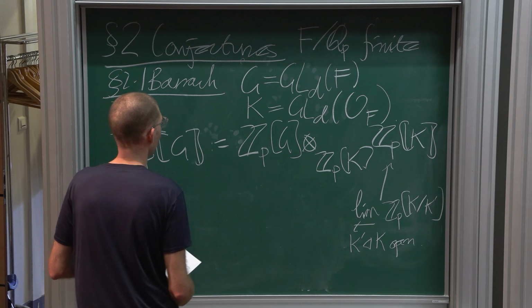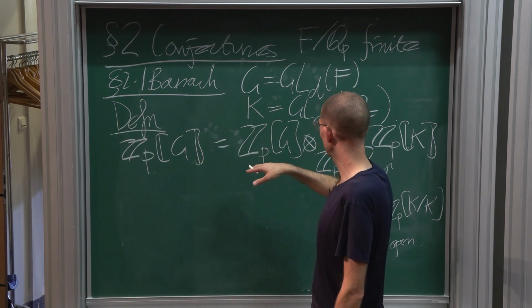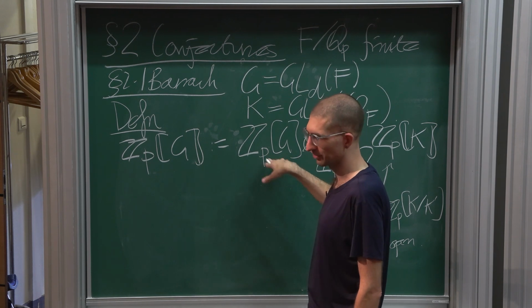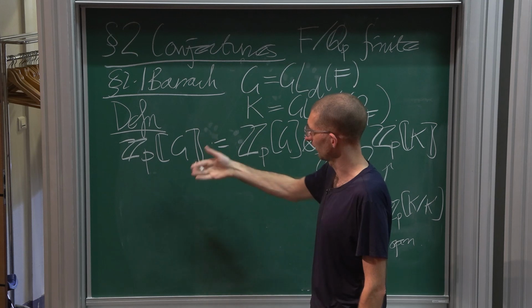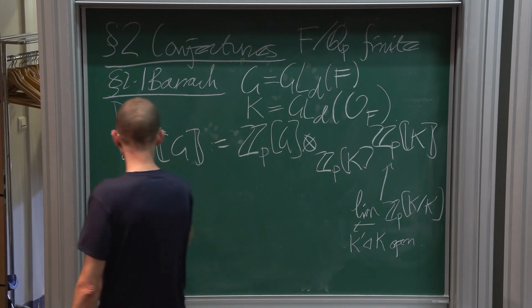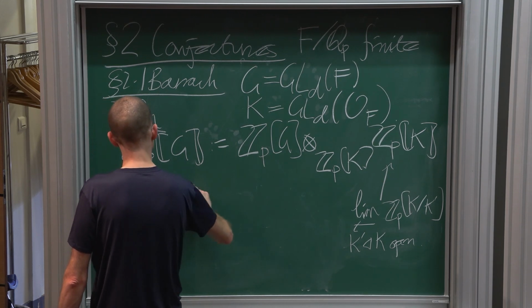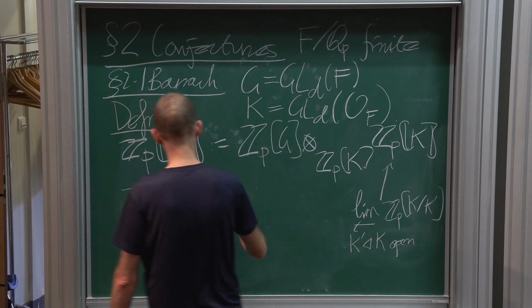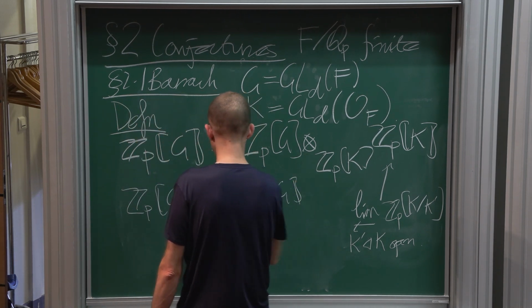The reason for doing this is that it's convenient to make this modification of the group ring of G to think about smooth representations as being modules over some kind of group ring. This is the kind of group ring that acts. And I will occasionally use that you can identify this group ring with its opposite by the involution of G sending g to g inverse.